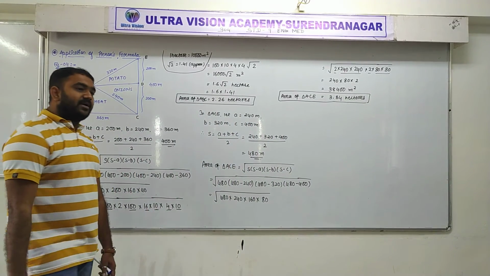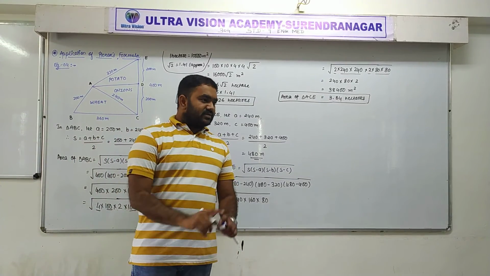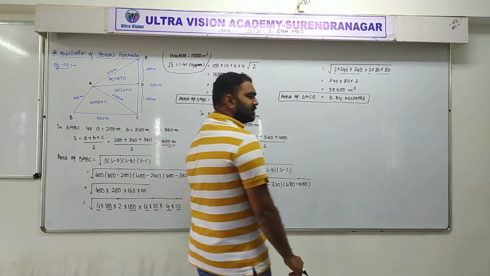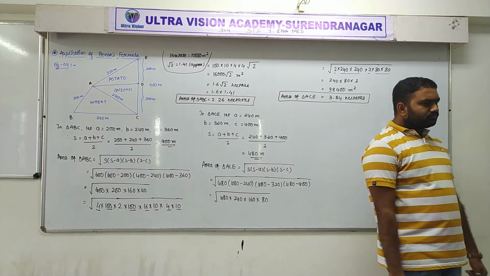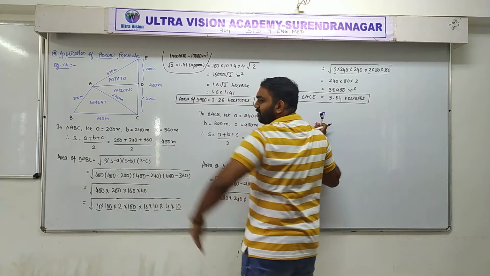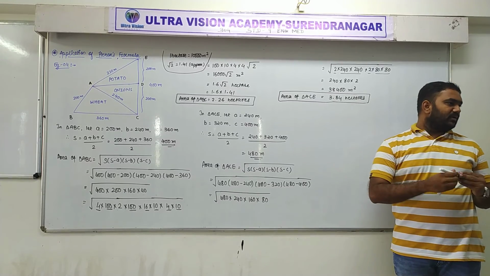But if I want to find the areas of potatoes and onions separately, we need to separate them out by dividing by 2, because here, see, this side of 400 meters has been divided into 2 from the midpoint.